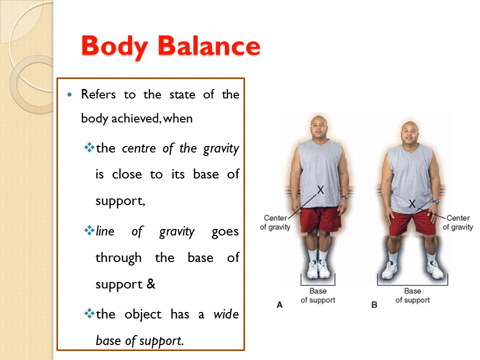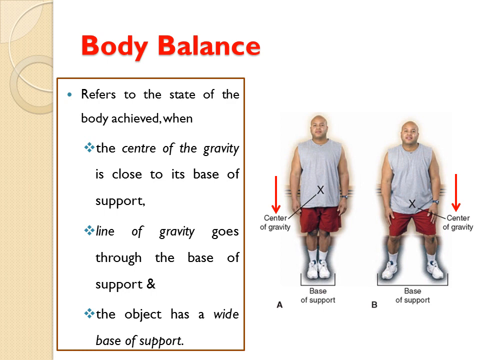The second terminology is body balance. It refers to the state of the body achieved when the center of gravity is close to its base of support. As you can see in picture A and picture B, the center of gravity is shown as a cross mark.